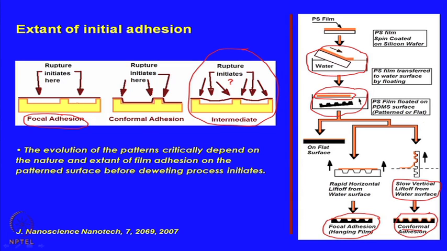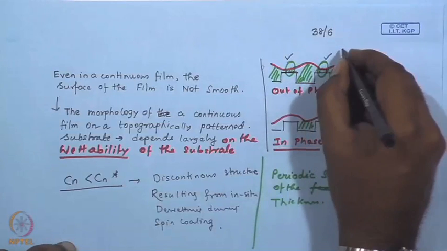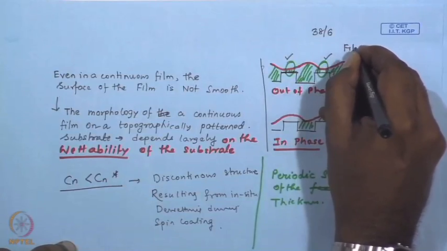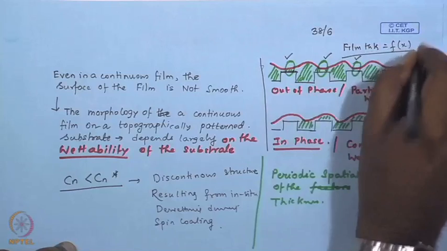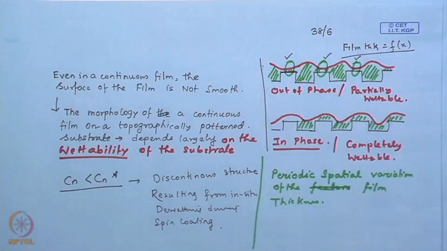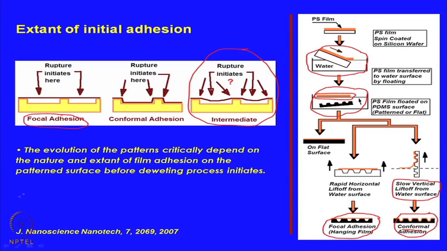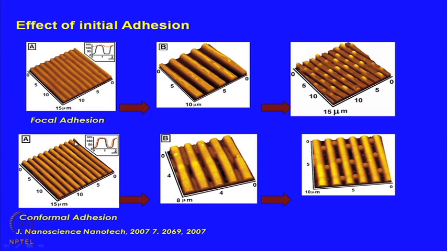Now, how is this type of system unique and distinct from this type of system? Here the film thickness was a function of x, but here you have the potential of having a film with uniform thickness on a topographically patterned substrate.